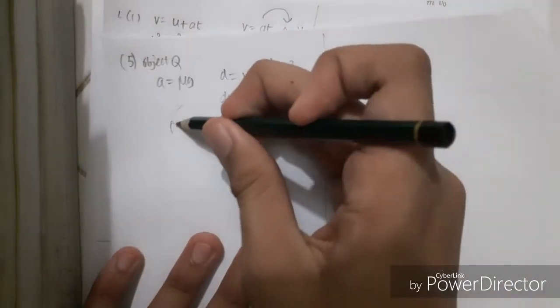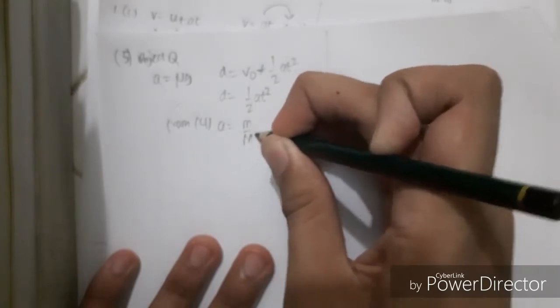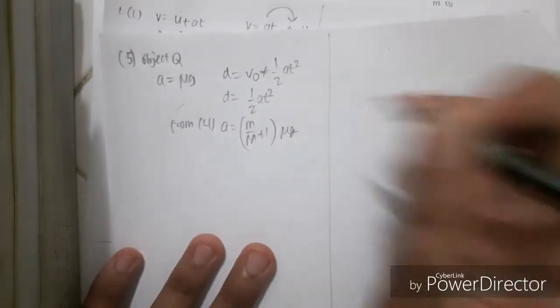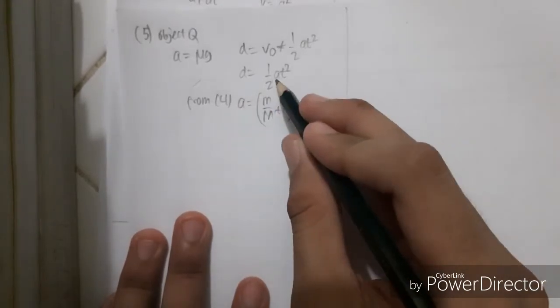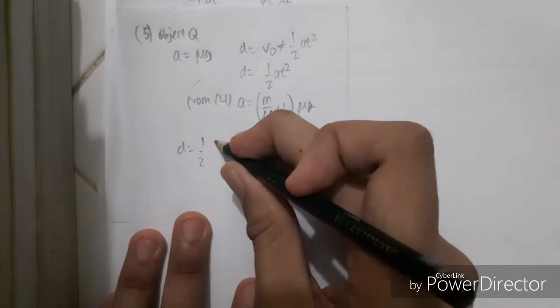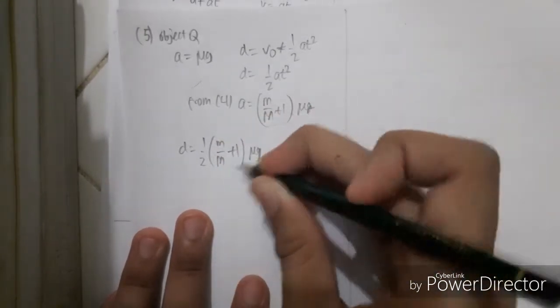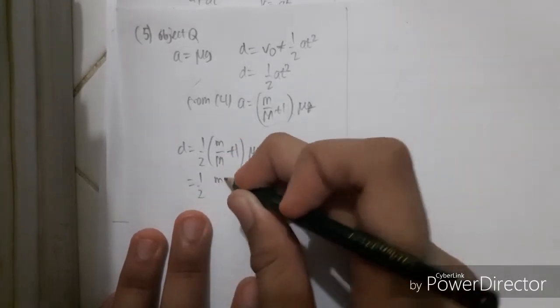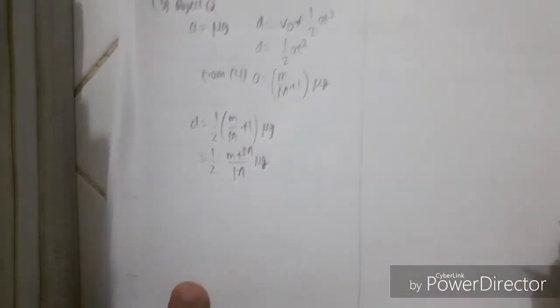So from 4, mu g, we can substitute this A with this value, so D equals half m over m plus 1 mu g, and we can do it as usual, m plus m over m mu g.